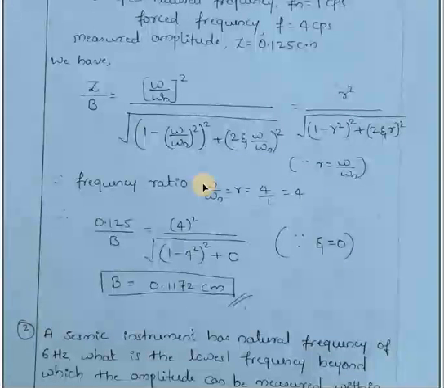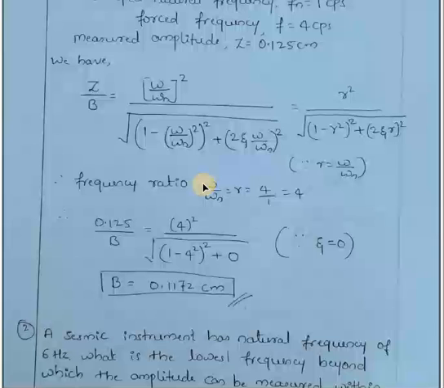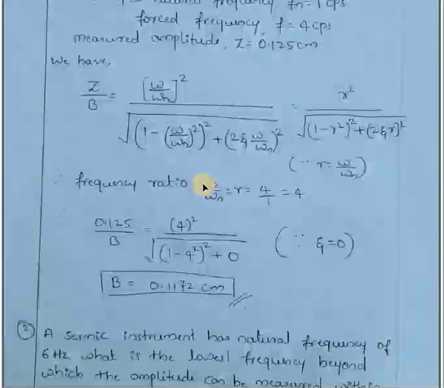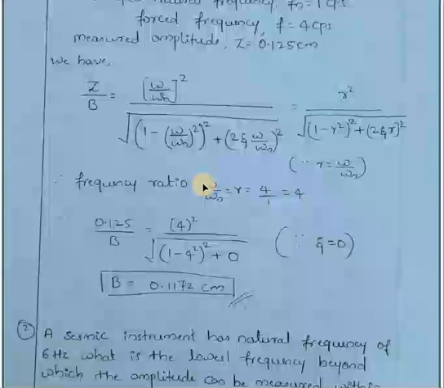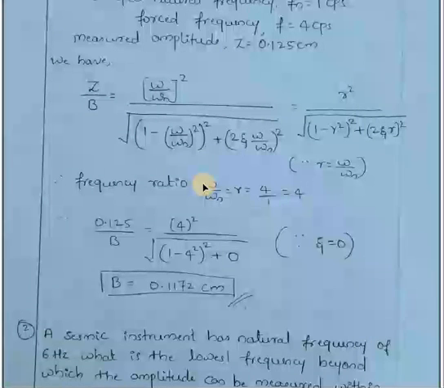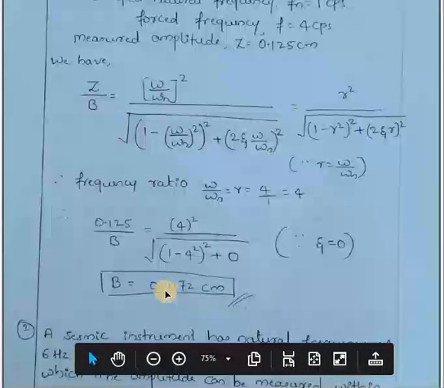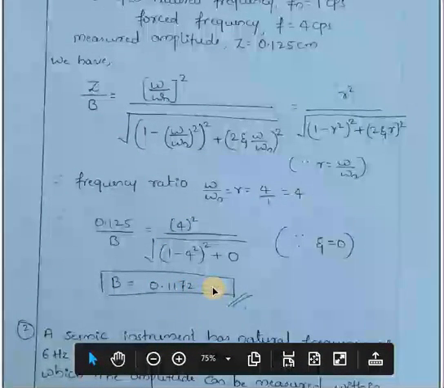Okay, so he has not given any information about the damping, because in the statement itself he said that it is undamped vibration. So we can substitute all the values. The only unknown in that equation is B, that is going to be the actual value of the amplitude. So substituting that, we will get the amplitude as 0.112 centimeter.